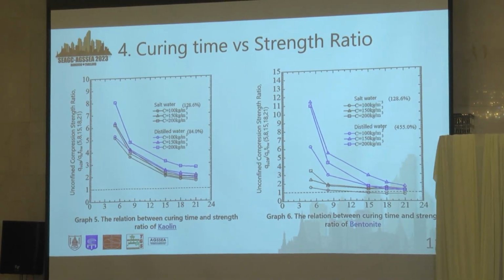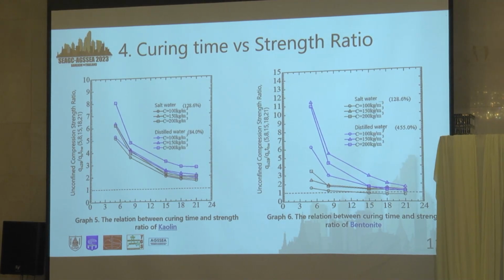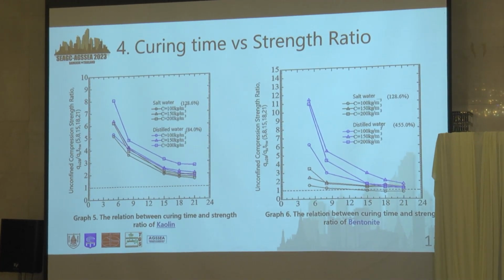Next, this is the curing time versus the strength ratio. This graph shows the relationship between curing time and strength ratio. What it means is comparing QU at 28 days with QU at 5, 8, 15, 18, and 21 hours. As you can see in kaolin, the value is about 2, which means it is not so close to the QU at 28 days.